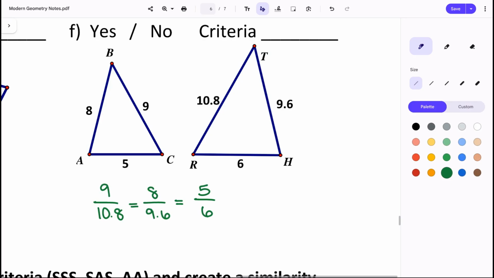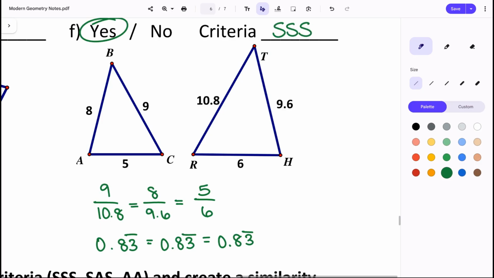Do these all come out to be the same? What's the answer for all of them? Okay. So that should be enough for us to circle yes up above, and we would write side, side, side.